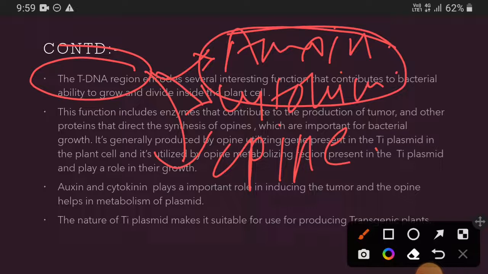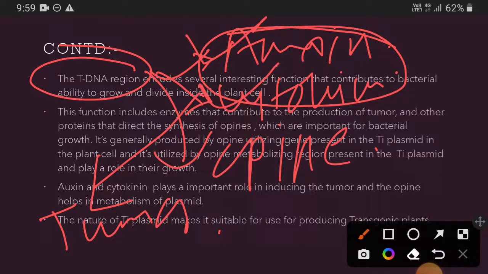Because they are phytohormones, they facilitate the overgrowth of the plant, and we all know that anything that is overgrowing leads to the formation of a tumor. So the auxin and cytokinin produced by tDNA are the main culprits of crown gall disease.